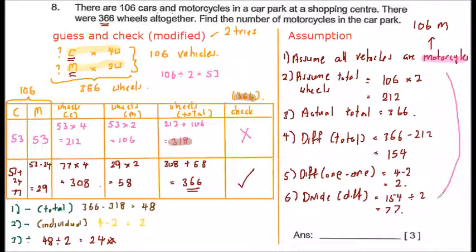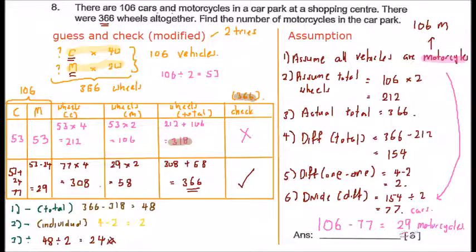It will be the number of cars. Please take note, guys, this is not the answer because they ask you for the number of motorcycles, right? So how do you go about finding the number of motorcycles? We know that they are altogether 106 of them, minus away 77 cars. I will get 29 motorcycles.